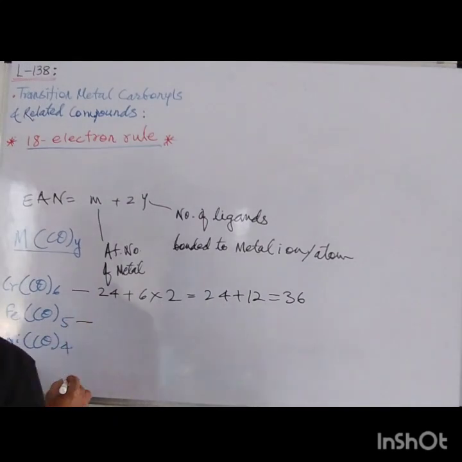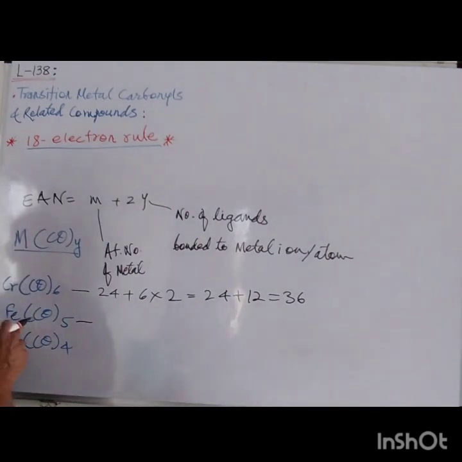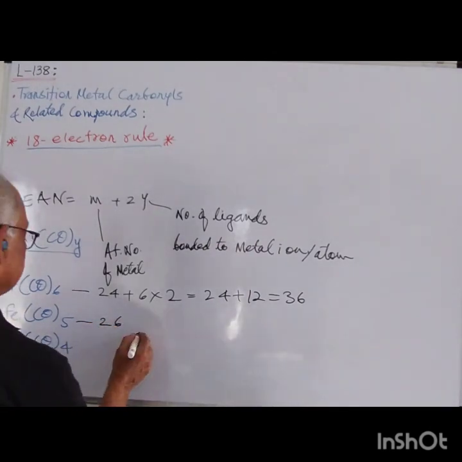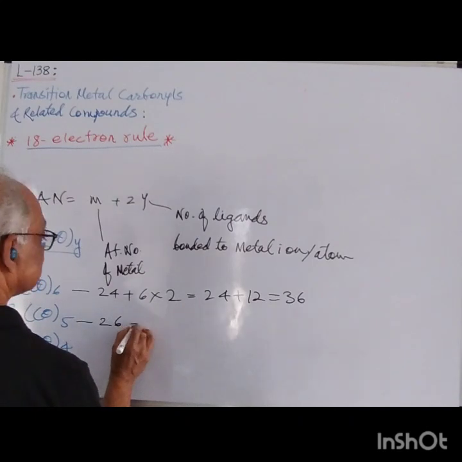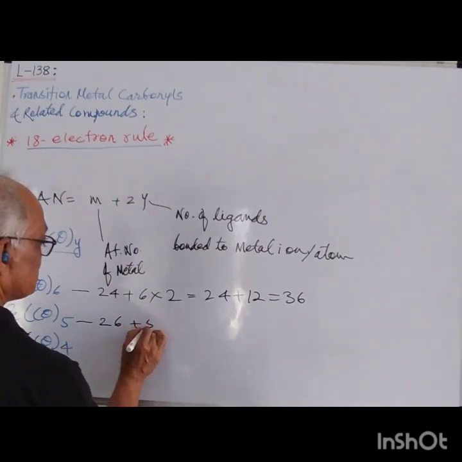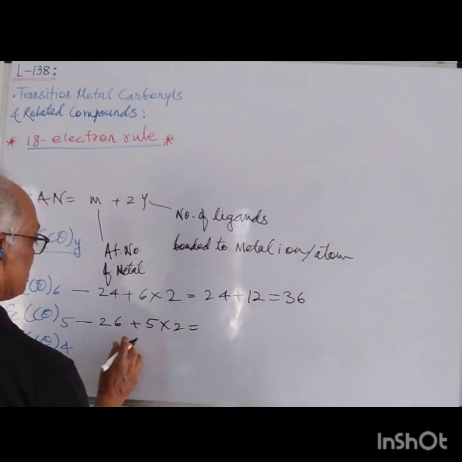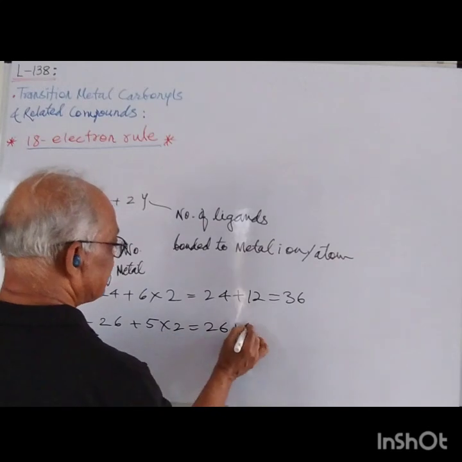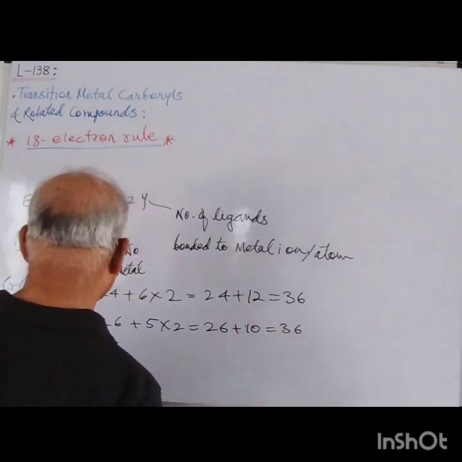Then in the case of Fe, here the metal is existing in the zero oxidation state. Counting scandium, titanium, vanadium, chromium, manganese, iron, it has atomic number 26, plus 5 ligands into 2 gives 26 plus 10, which is equal to 36.